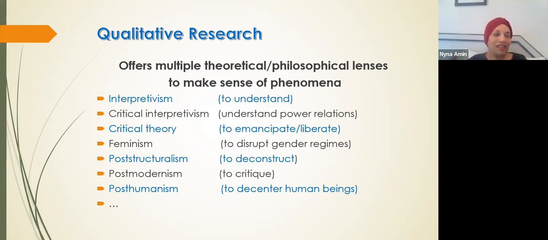Whereas in social sciences, we've always known that a smile is not a smile, because there are other things behind it that we have to go to either understand, to emancipate, to deconstruct, to critique, and so on. So I hope we can take more questions around the worldviews. I haven't done it in detail, but just to signal that this is what makes qualitative research different if you're moving in that direction.